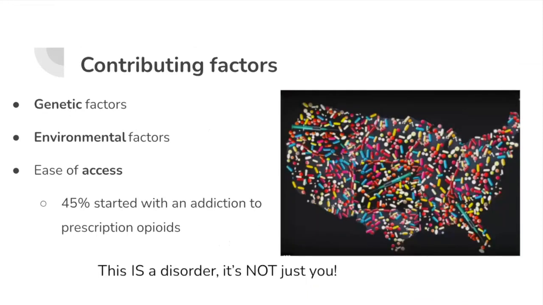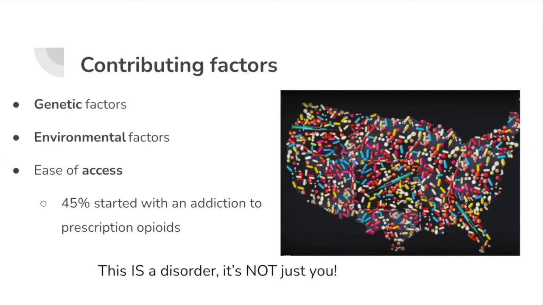And as with other addiction disorders, both genetic factors and environmental factors, such as ease of access, contribute to the risk of disorder. So it matters what your social circle is like, where you live, who you're surrounded with. Access to prescription opioids and heroin have contributed to the current opioid epidemic. According to the American Medical Association, an estimated 3 to 19% of people who take prescription pain medications develop addiction to them.